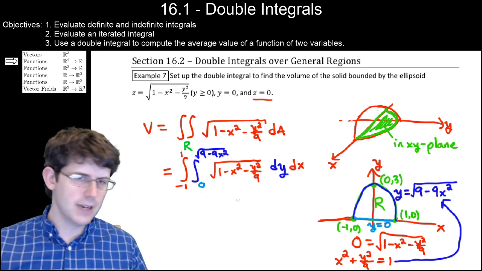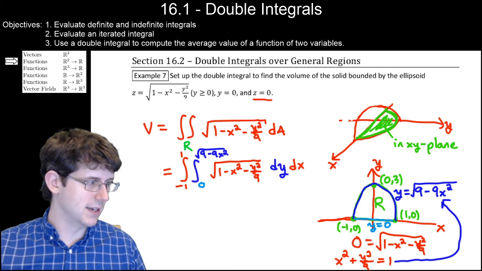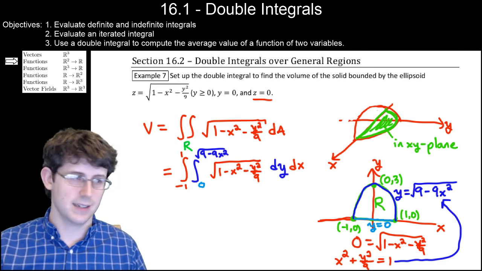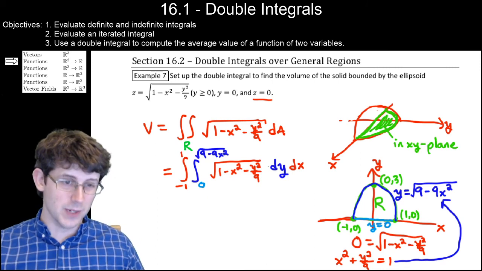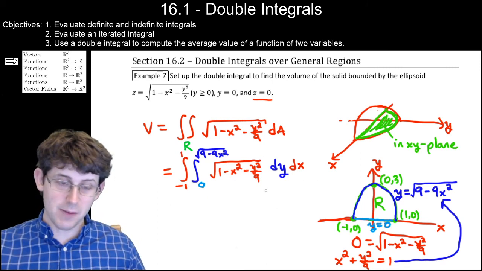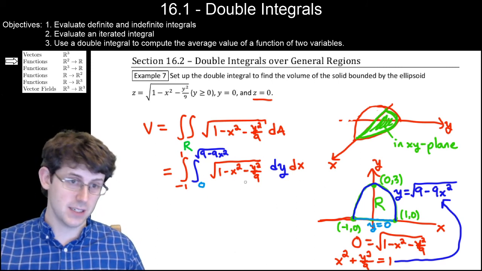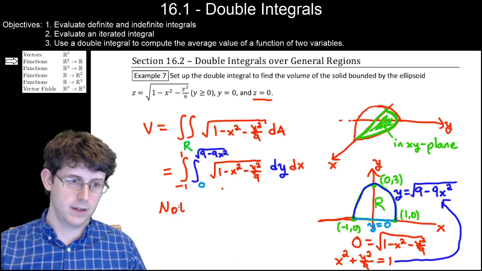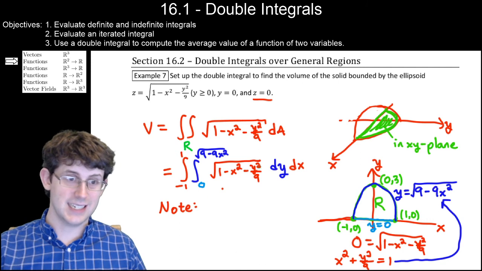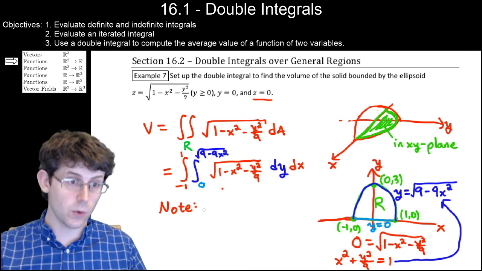Okay, so now we need to actually do this integral. This is looking like it's kind of a mess. In fact, I don't really want to do this integral right now, because to do it, I would have to do a trig substitution. So you should note, it probably needs a trig substitution in either order.